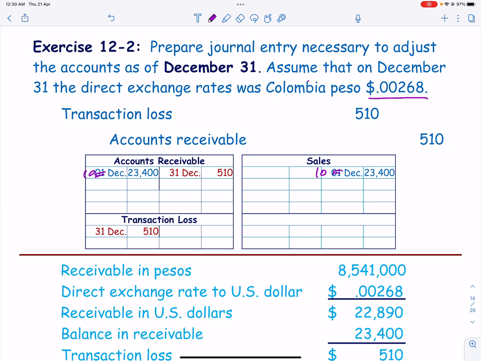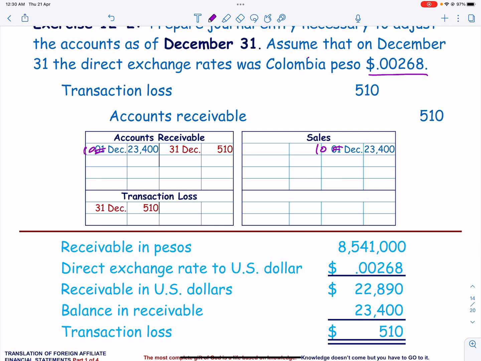Now the peso has decreased, before it was 0.0027, and now it is 0.00268. This means that the US dollar has strengthened, and this is bad for the US firm, because when it has a receivable and the US dollar is strengthening, the US firm will buy fewer US dollars with pesos. You can see that on the transaction date, our receivable was 23,400.